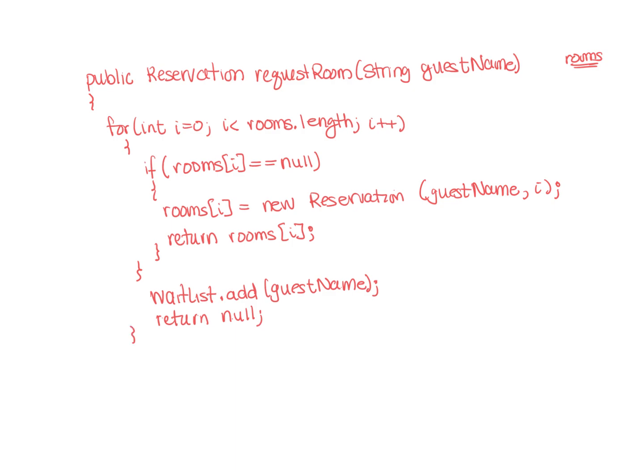So that's part A. We get 1 point for looping over the rooms correctly with no out of bounds error. You get 1 point for checking the null reference and 1 point for creating the new reservation. And you get 1 point for adding it to the wait list and returning null. So the first part is worth 4 points.